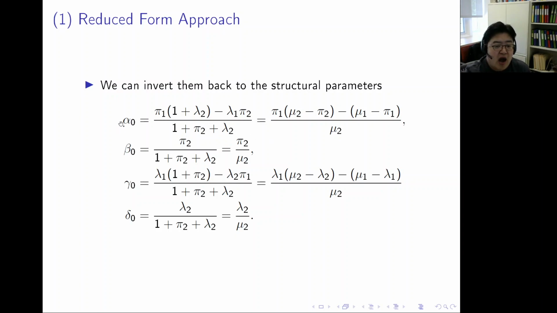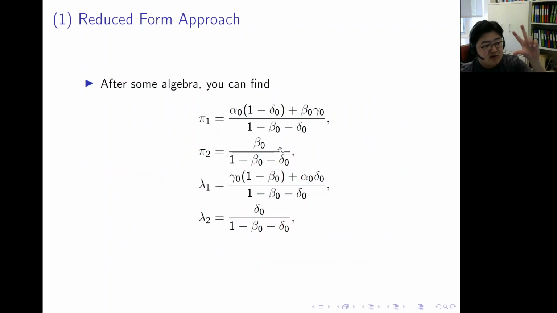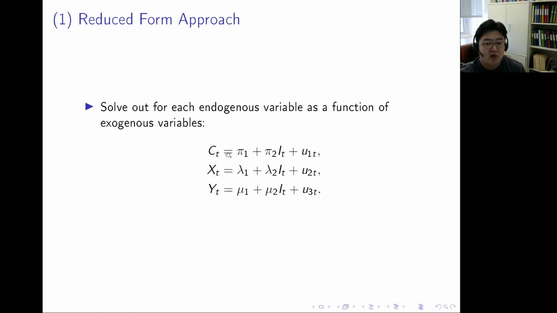So I could write alpha with two different expressions. The first expression ignores mu, right? In the second expression, I ignore lambda. So you can think of it as three sets of equations: pi equation, lambda equation, mu equation, or 1, 2, 3, three equations. As I said, you only need two of them, right?